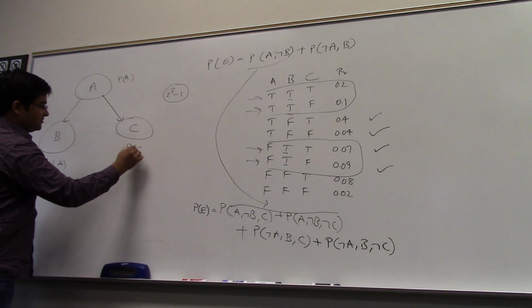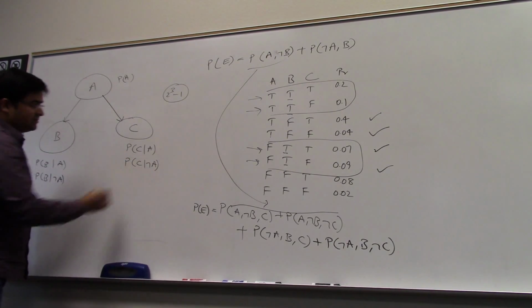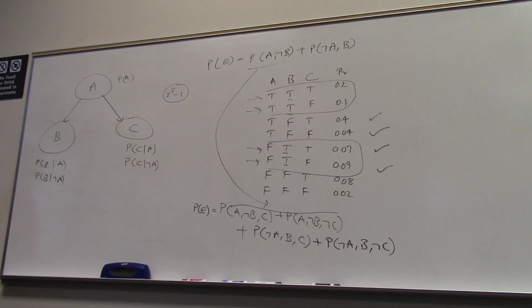Similarly here, all we need is this and this. So we can answer any query, just like we did with the full joint distribution, with just these 5 values.